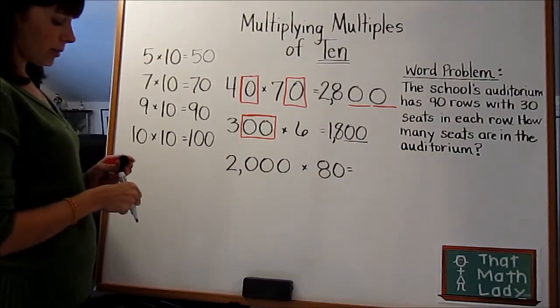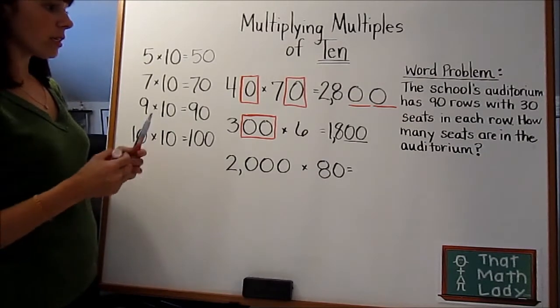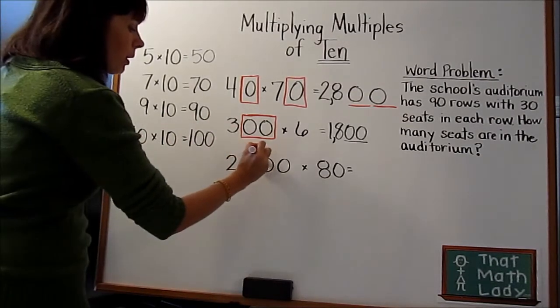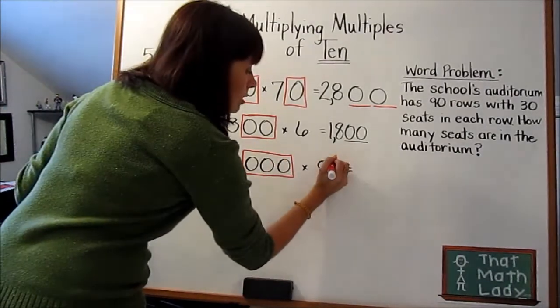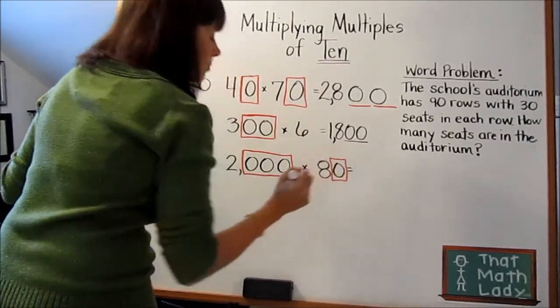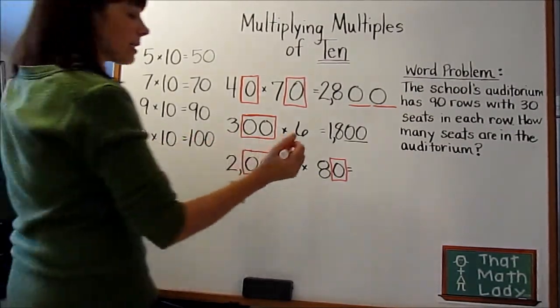Now here's a bigger problem down here. 2,000 times 80. Well, I have zeros in both of my numbers, so I'm going to block them all off. Take those 3 off. Take this one off. Kind of pretend they're not there. And do 2 times 8. 2 times 8 is 16.